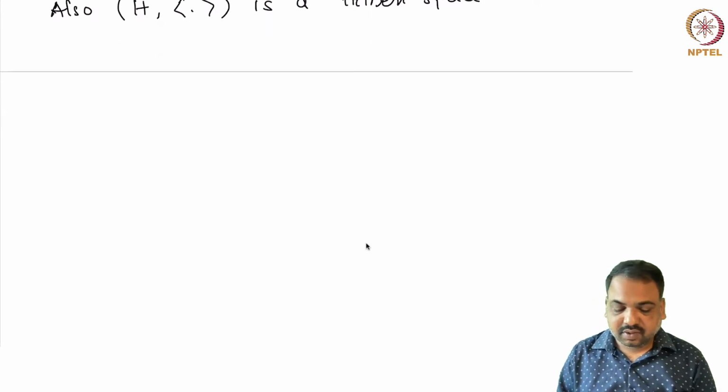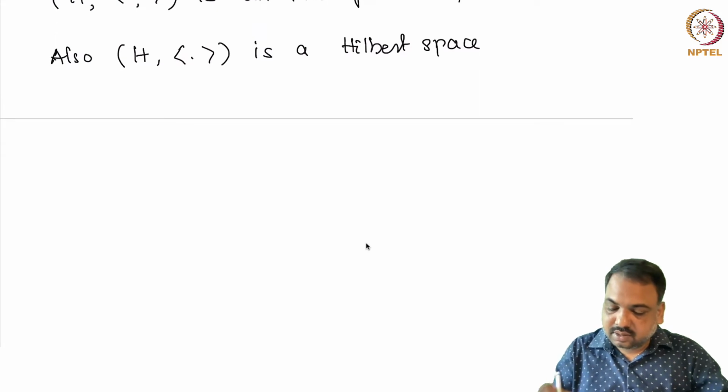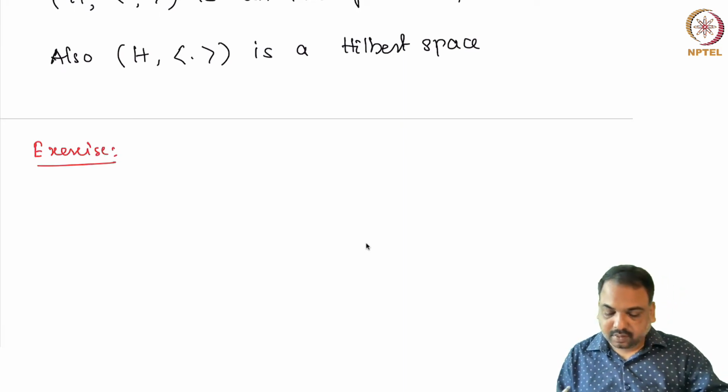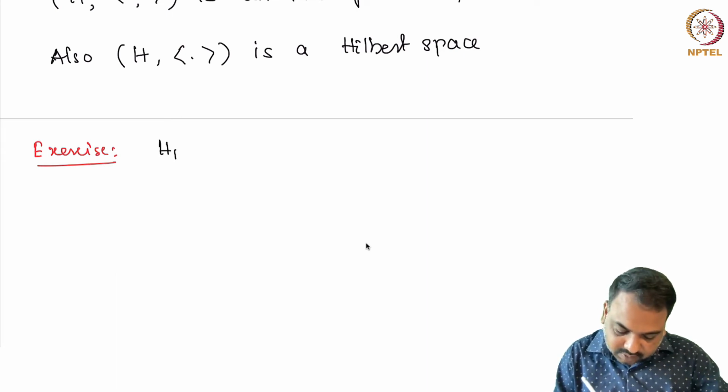Okay, now why do we want to discuss these direct sums? So maybe we can easily look at, we can easily show that this H1 can be embedded in H as follows.